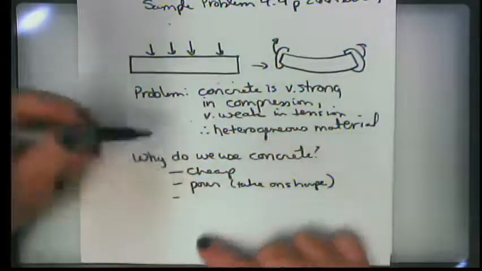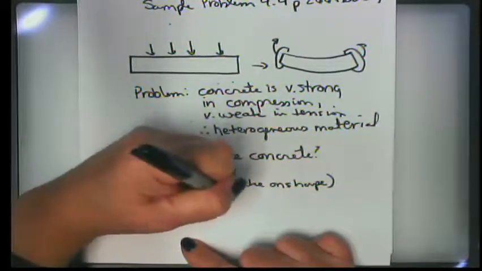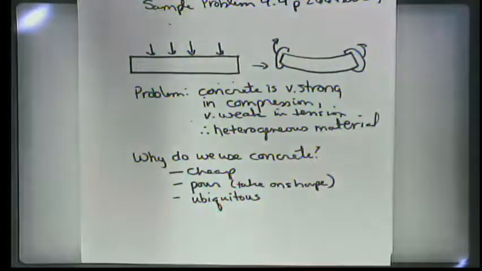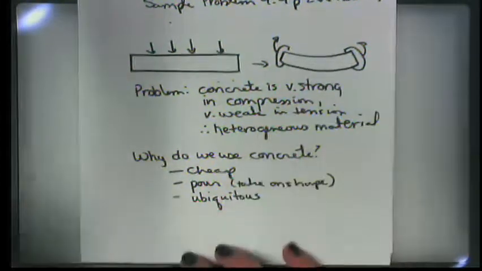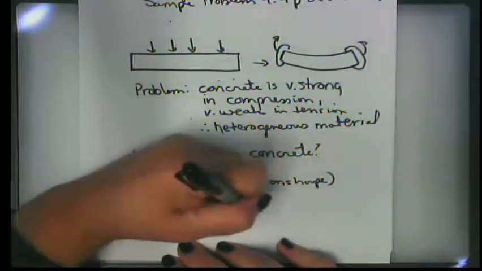And it is also, this is a word, ubiquitous, meaning it is everywhere. So if you went to a building site and you wanted to form something out of concrete, there would be concrete available to you to do that particular item. And the other reason is in compression, it's really hard to beat.